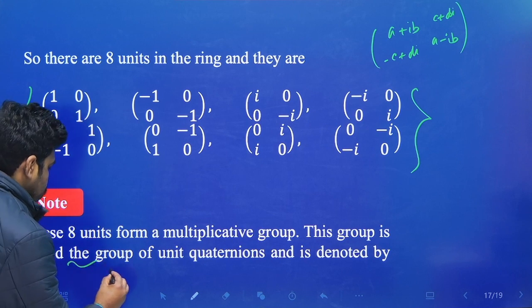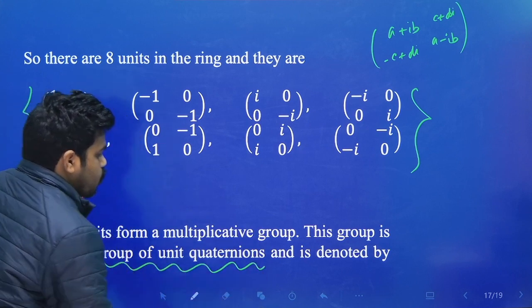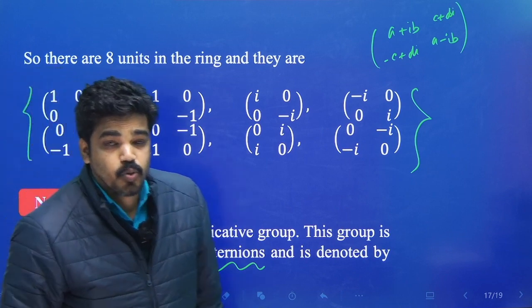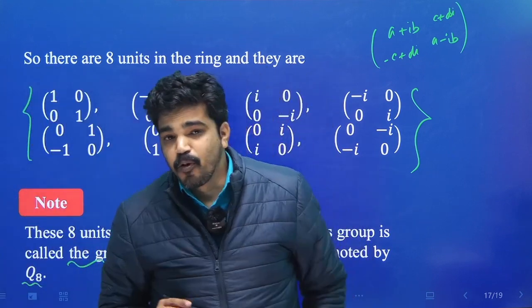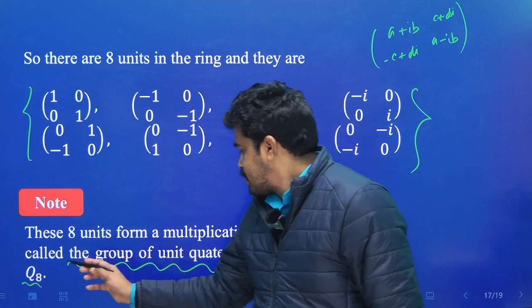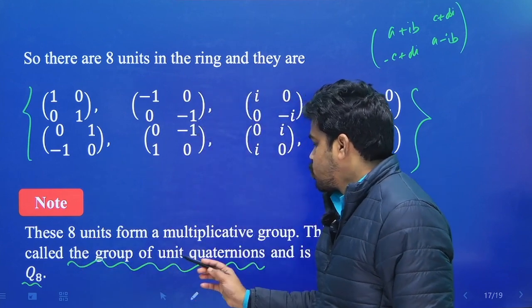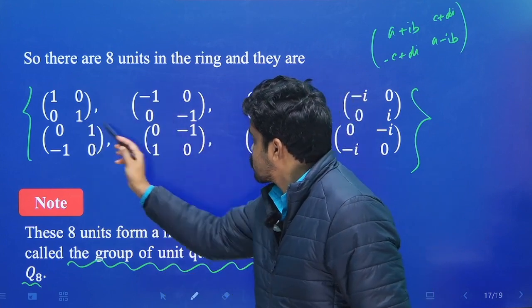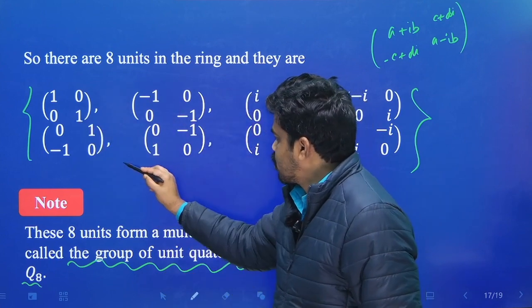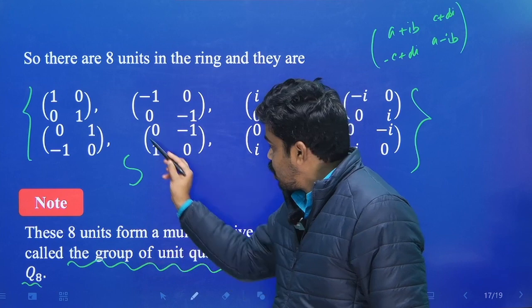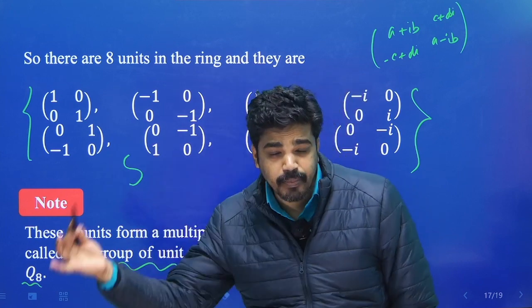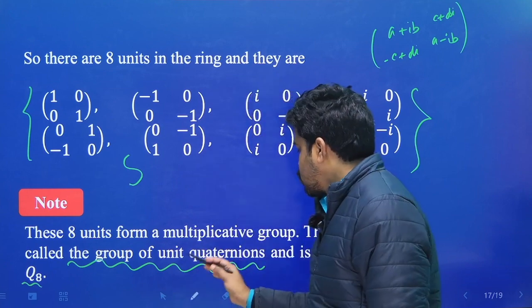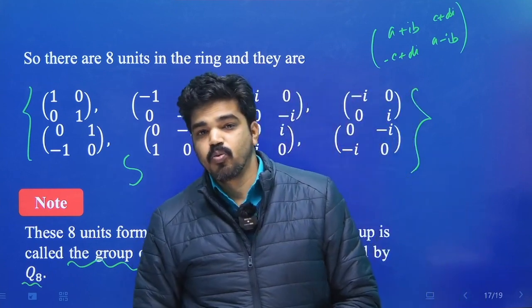This group is called the group of unit quaternions and that is denoted by Q8. So it is a very very important note. What is Q8? Q8 is the group of unit quaternions. এই যে ম্যাট্রিক্সগুলো পাচ্ছ, এটা যদি একটা সেট কনসিডার করো, এটা কি হবে? একটা গ্রুপ ফর্ম করবে উইথ রেসপেক্ট টু মাল্টিপ্লিকেশন and that group is called a group of unit quaternions.